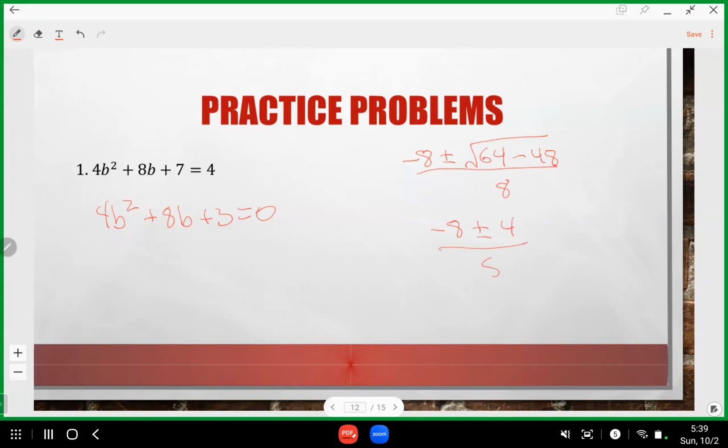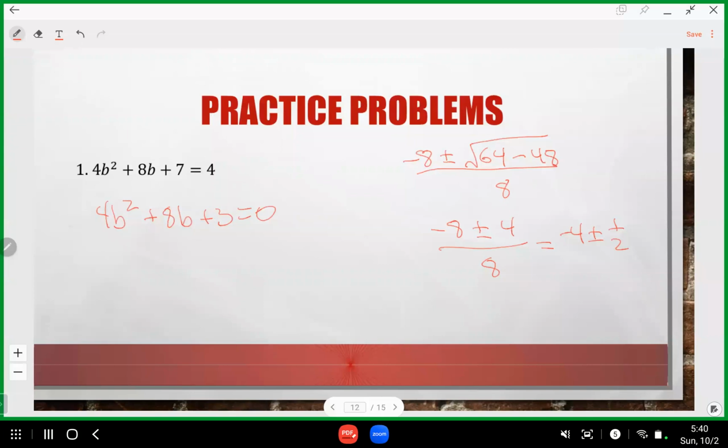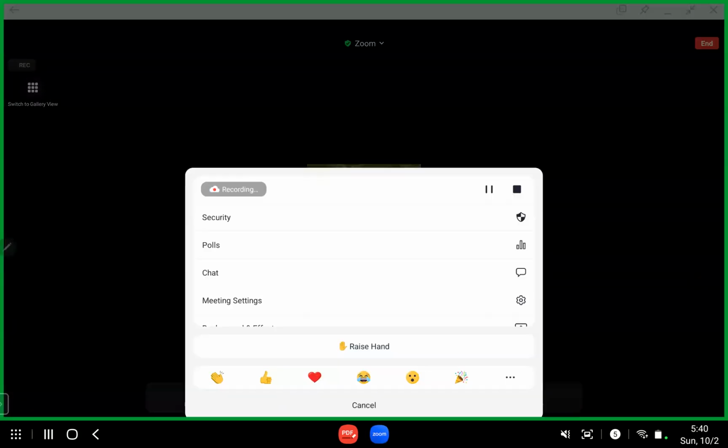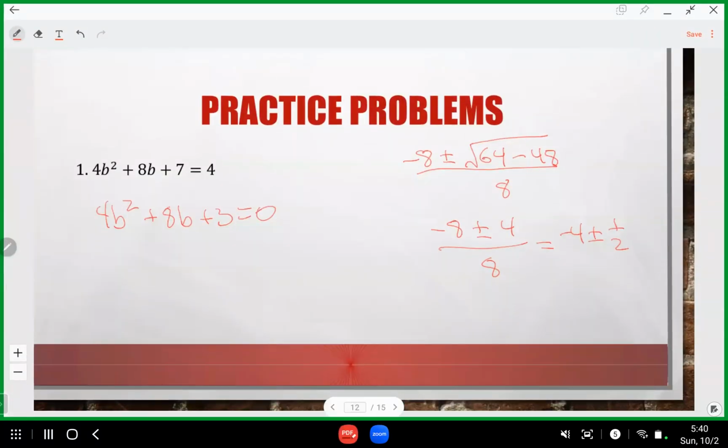It's going to be equal to -1 plus minus 1/2, right? I think. Is that true? Wait, hold up. Let's see what everybody had. All right, yeah, probably incorrect.